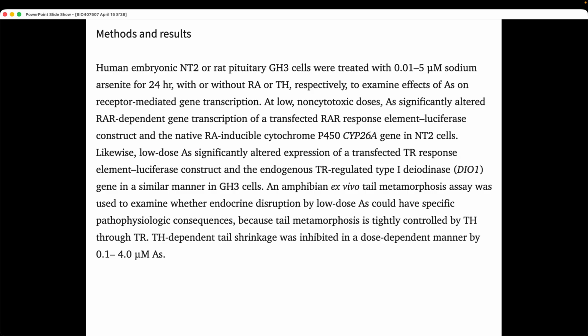The gene is designed where they put in a binding site for the receptor they're studying, and then the transcription unit, the expression, is going to be the gene that causes fireflies to flash.